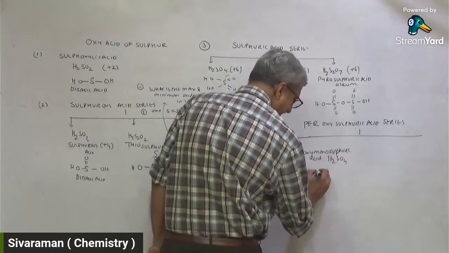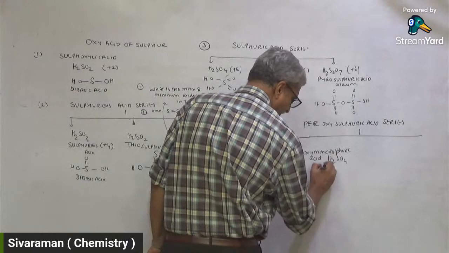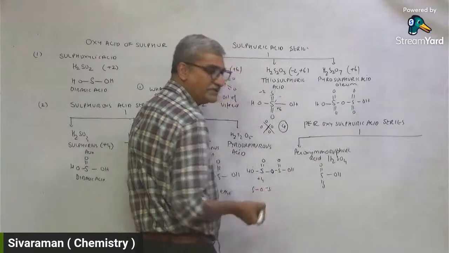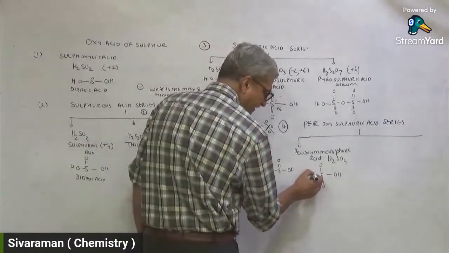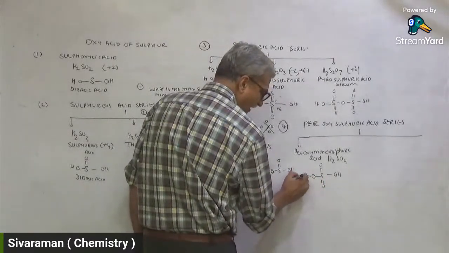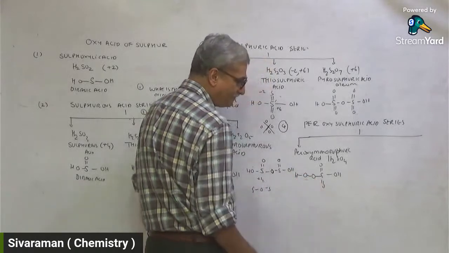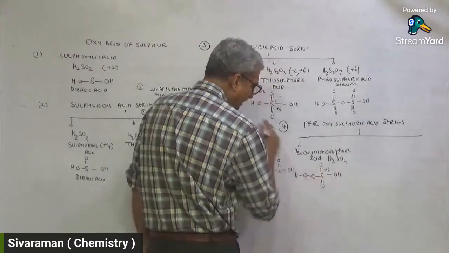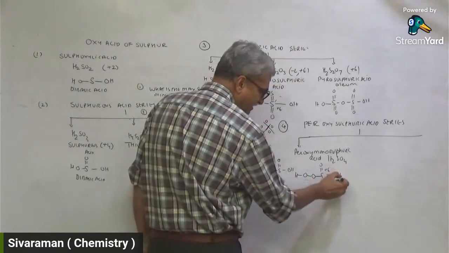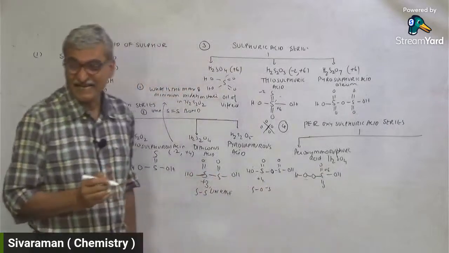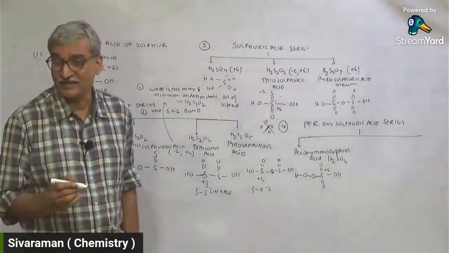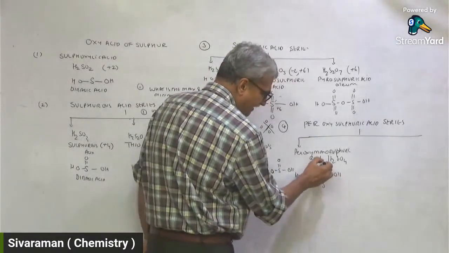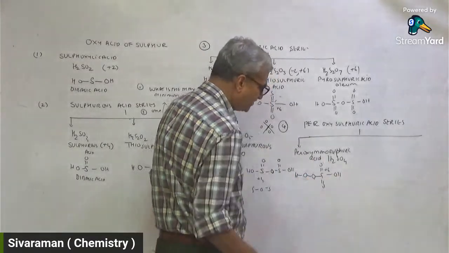See, it is simple. You have S double bond O, double bond O, OH. If there was just an OH, it would have been sulfuric acid. But here there is an OOH bond. So this is a peroxy bond. Sulfur here has a charge of +6. Because you see, in peroxide, oxygen has a charge of -1. Remember that. So -1, -2, -4, -6. So it is +6.